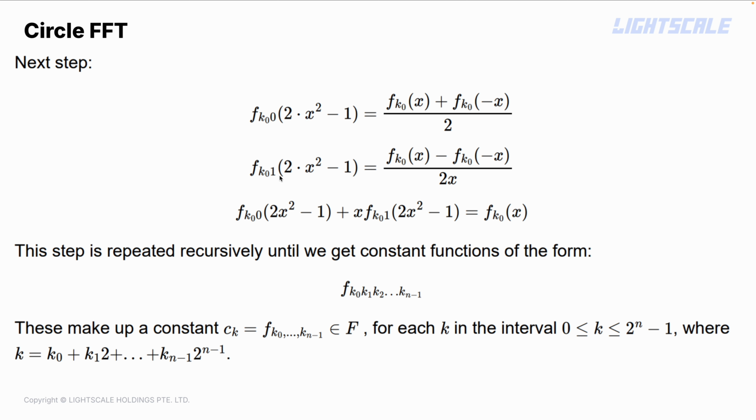So the next step is also called quadratic mapping. So we get this 2, right? k0 is either 0 or 1 from the previous step, and then we can define the quadratic mapping like this, because just like regular FFT, we can divide into odd and even terms, so that this evaluates to f_k0(x), and these odd and even terms can be calculated like this, just like before, and we just keep repeating this until we get constant functions of the form k.